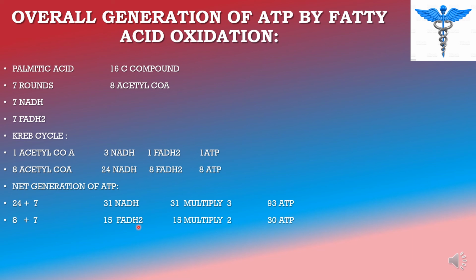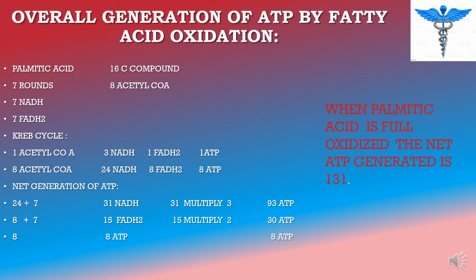As we know, in the electron transport chain 1 FADH2 gives 2 ATP, so 15 multiplied by 2 gives 30 ATP, meaning 15 FADH2 will give us 30 ATP. 8 ATP are produced in the Krebs cycle. Now we will count these. 93 plus 30 plus 8, we get 131. So when a palmitic acid is oxidized, we get 131 ATP.